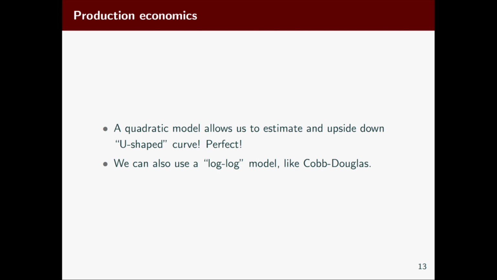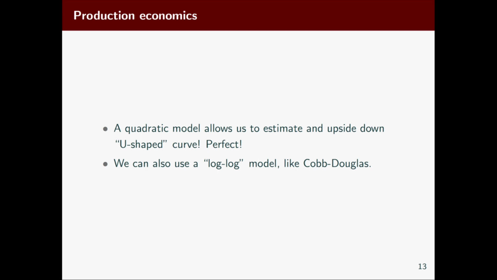A quadratic model allows us to estimate an upside down U-shaped curve. Perfect, because economic theory tells us that MPP and APP should both generally have an upside down U-shape. So a quadratic model is something we can specify given real world data, and that's going to allow us to calculate APP and also solve for the optimal level of input.